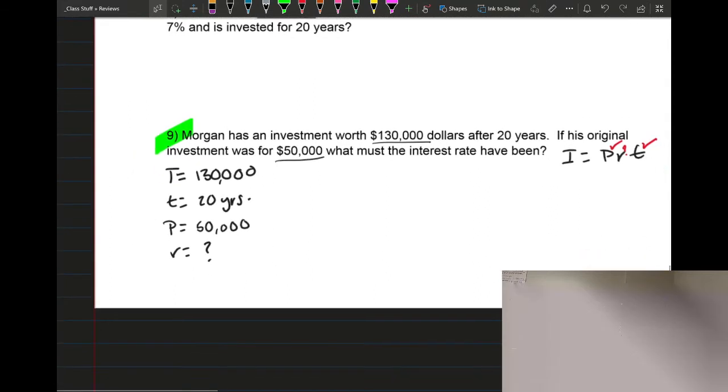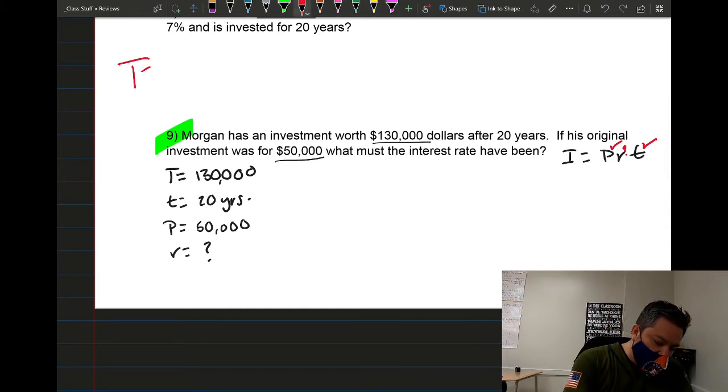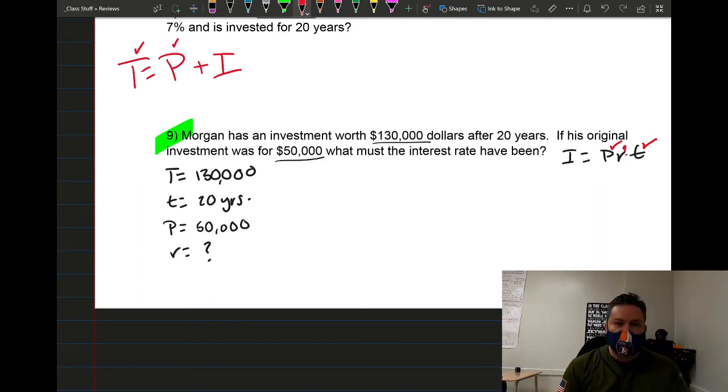We have the total, and we have the principal. Total equals principal plus interest. We know this too. So we gotta find the interest, right? So let's go ahead and substitute the values in from here.